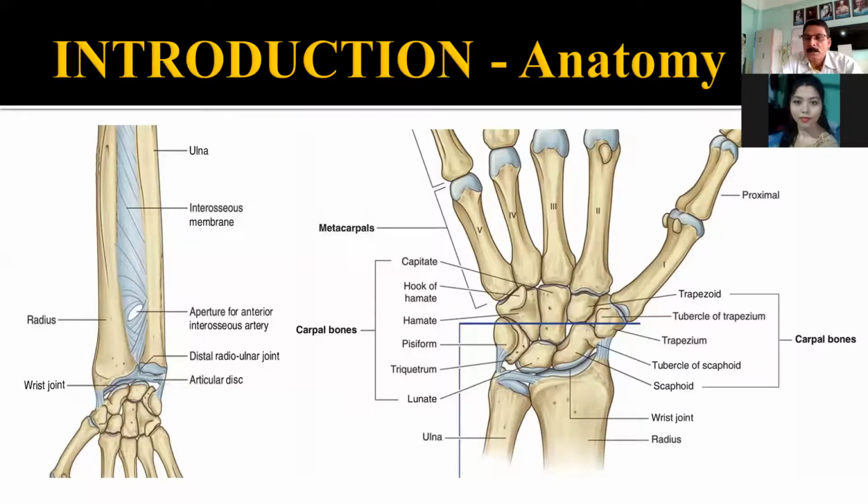The articular surface of the radius is not exactly downwards; it is facing somewhat anteriorly and somewhat medially.